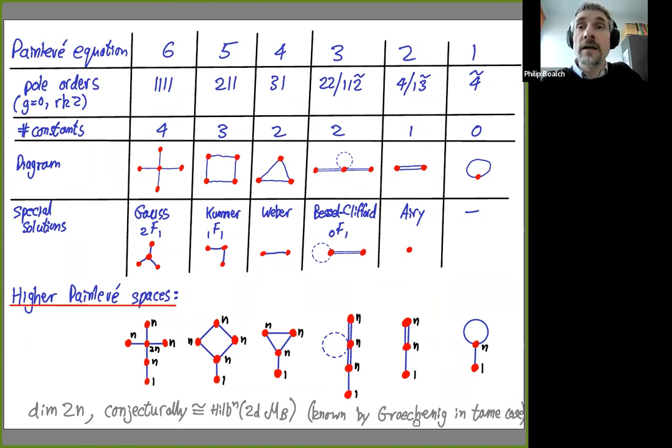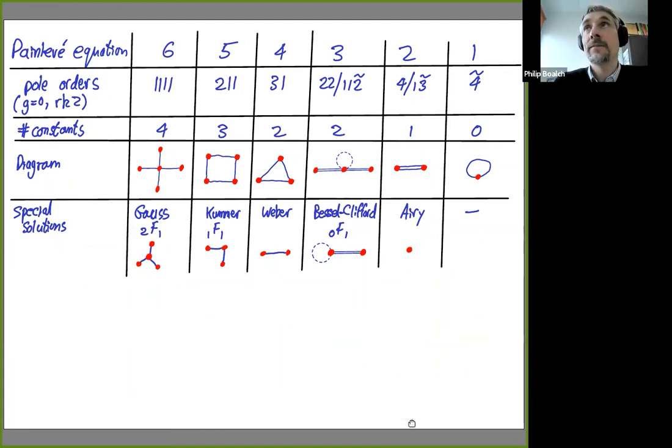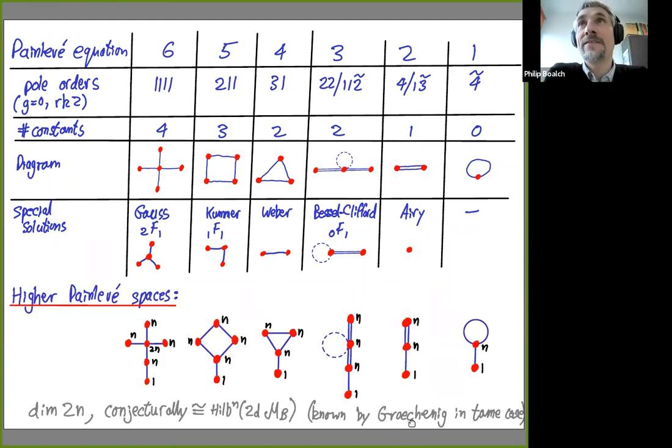This was proved by Groechenig in the tame case, but his methods don't work in general. Nonetheless, I think it's true, and we may even know a proof of it, but I don't think it's been written down or checked carefully. But nonetheless, we do get these higher Painlevé spaces as well. Of course, there's lots of other graphs which occur. I will stop there. Sorry for going slightly over time.